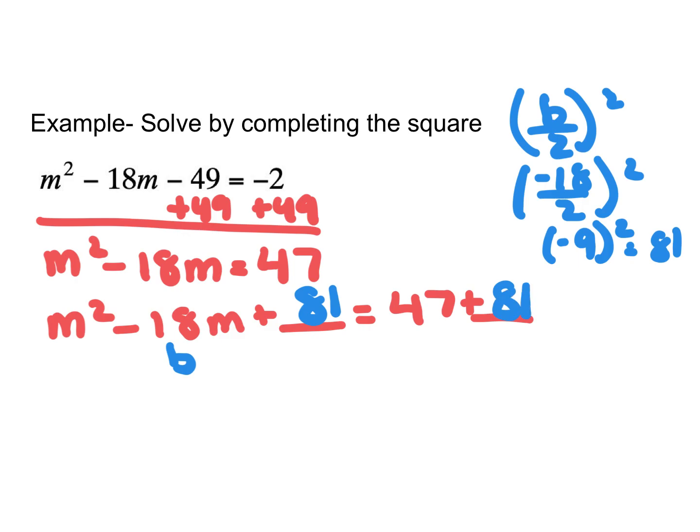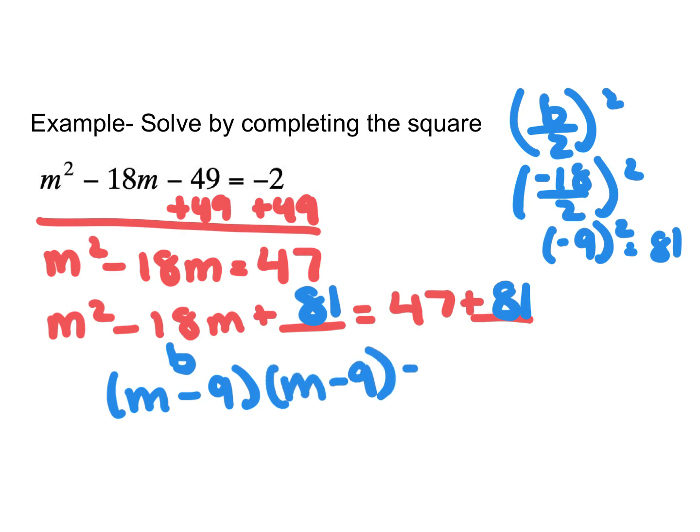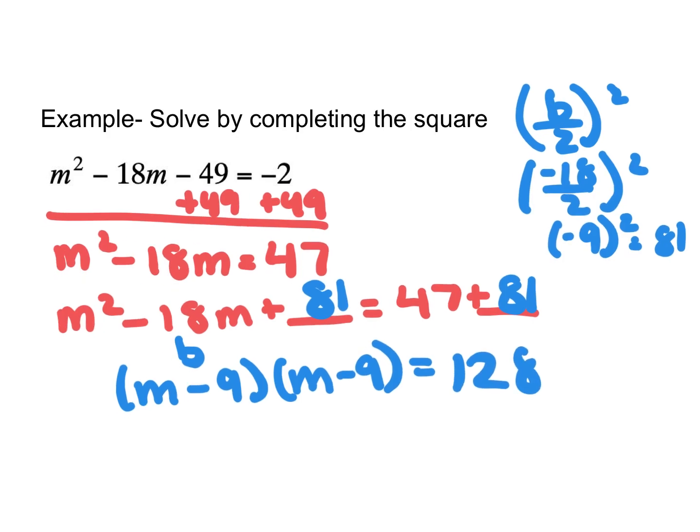Now what this allows us to do is on the left, I can rewrite this as m minus 9 squared, or m minus 9 times m minus 9. If I add the 47 and the 81, it becomes 128.